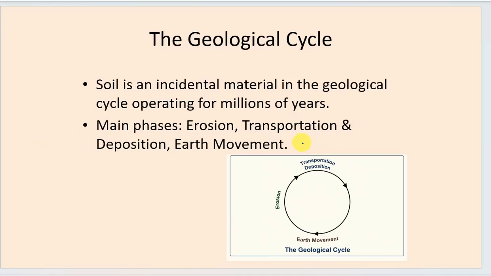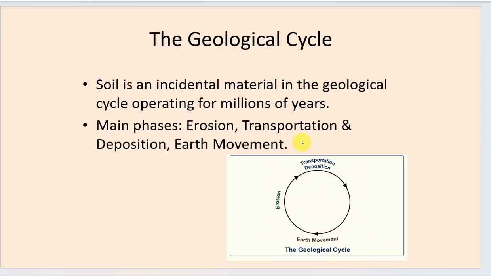Next comes the geological cycle. Now the next question arises, how is the soil formed? With the answer to this question, this term geological cycle arises. The soil formation takes place through a natural process known as the geological cycle, which has been operating continuously for millions of years.